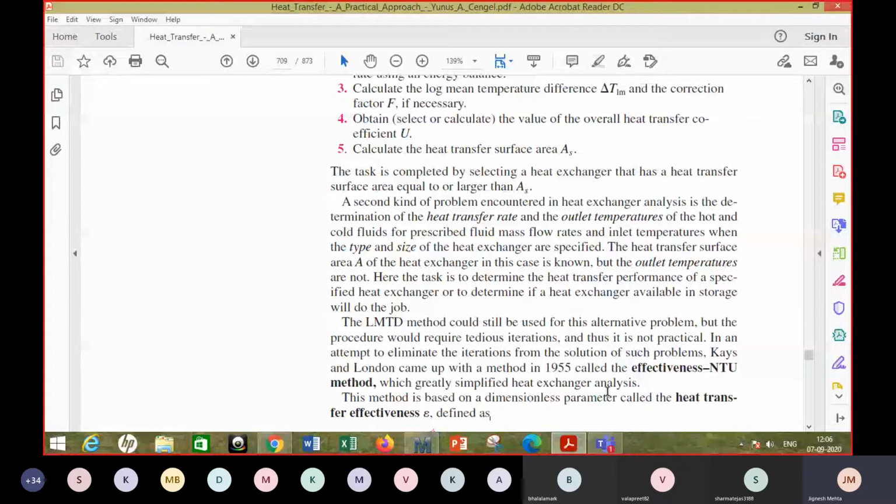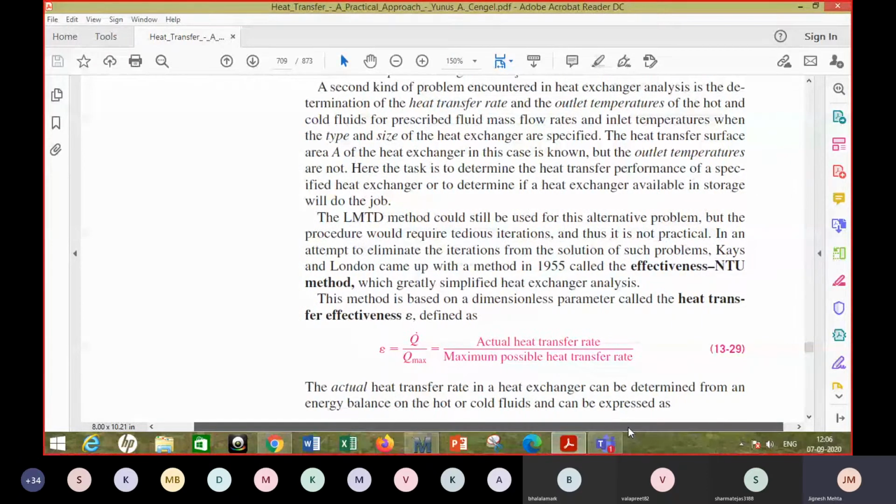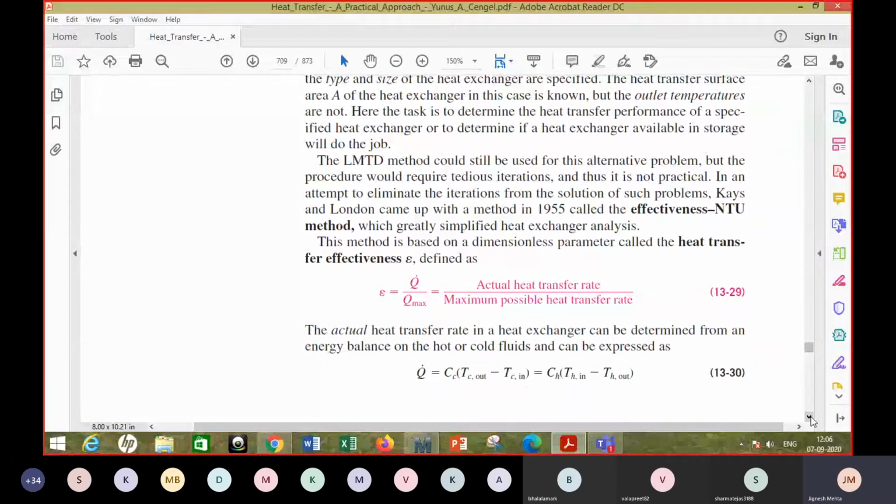Right? So heat transfer effectiveness, epsilon, is defined as Q dot actual upon Q maximum. That is the actual heat transfer rate divided by the maximum possible heat transfer rate. Now, what would be the maximum possible heat transfer rate?